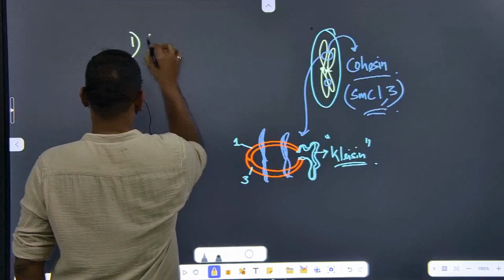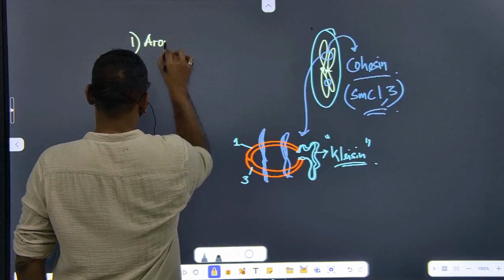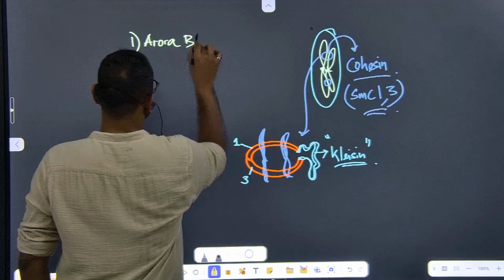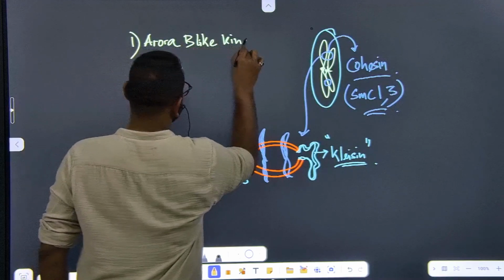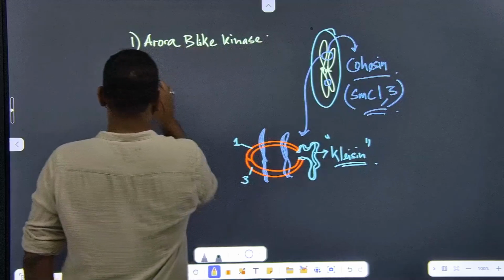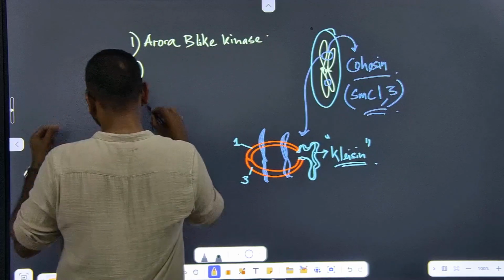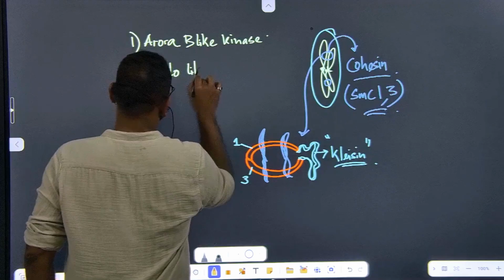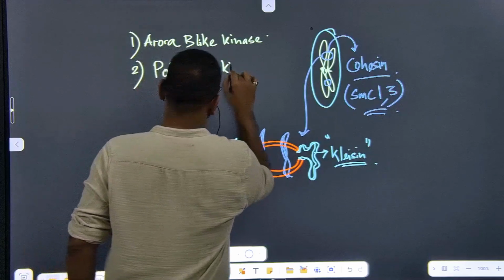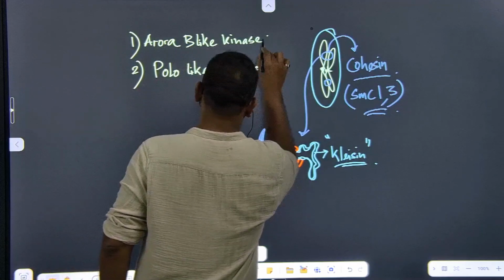One is Aurora B-like kinase, and another one is Polo-like kinase.